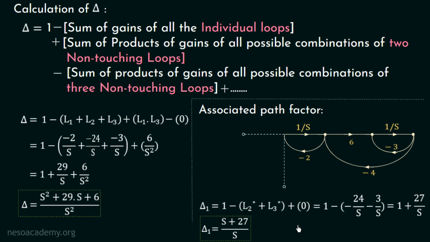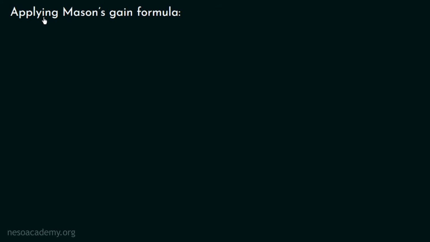So now we are done with the calculation of forward path gain, loop gain, the determinant of SFG and the associated path factor. We will now put these values in Mason's gain formula in order to calculate the overall transfer function.